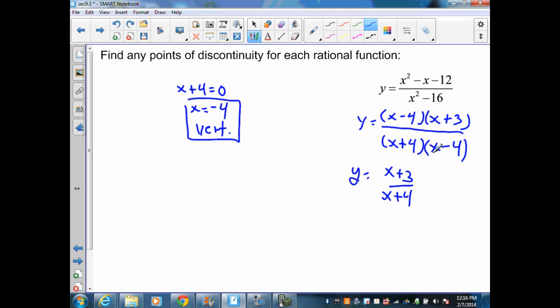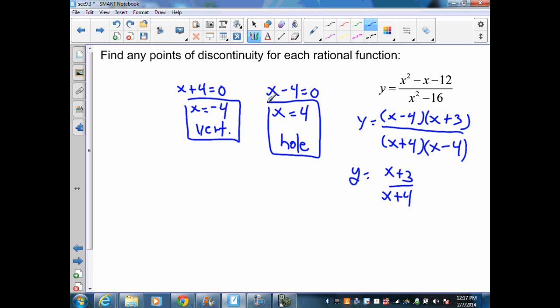But I still have to consider my x minus 4 that gets canceled out. So I set that equal to 0, and x equals 4. But since that gets canceled out, that only makes this a hole in my graph. It's still a point of discontinuity, but it's not an asymptote. It's a hole in my graph.